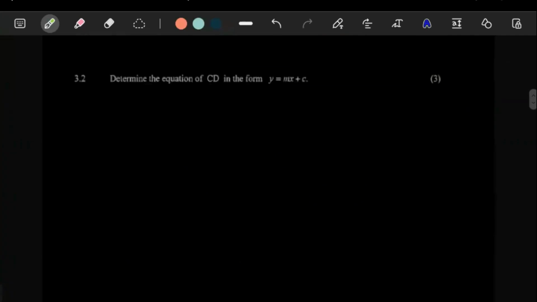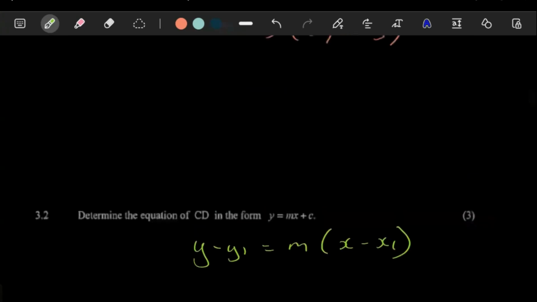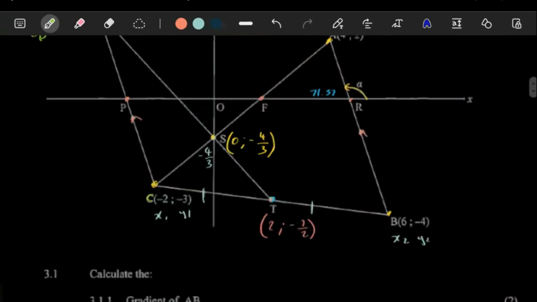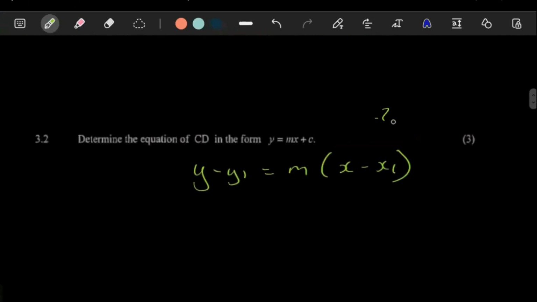The equation I normally use is y minus y1 is equal to m times x minus x1. So our x1 and our y1, we have negative 2 and negative 3. Gradient is negative 3, x minus negative 2, y minus negative 3.